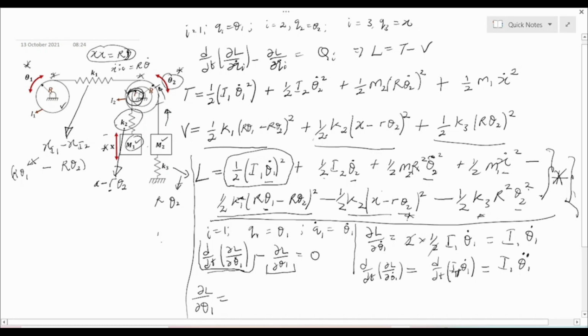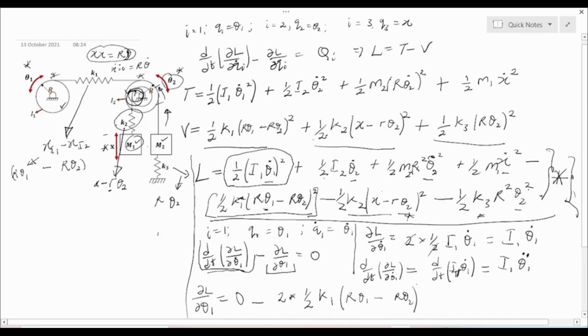So every other term will vanish from the equation when we are differentiating, and we're going to have just this term. So our ∂L/∂θ1 is going to be 0 for all the terms, minus, of course, if we differentiate this term that we are working with, 2 multiplied by half times k1, multiplied by what we had inside before, r θ1 minus r θ2.